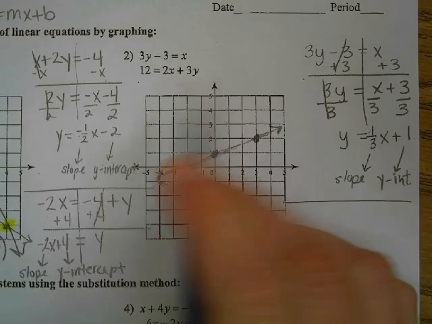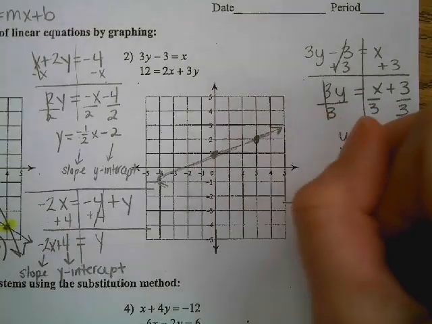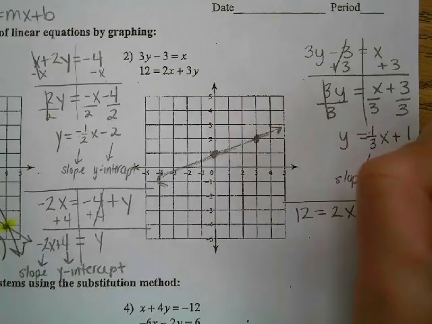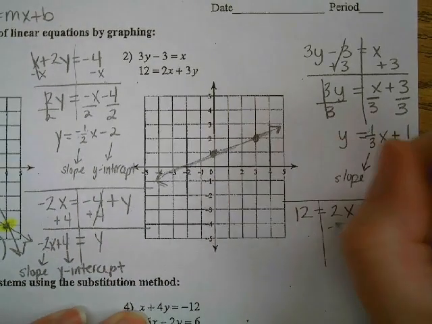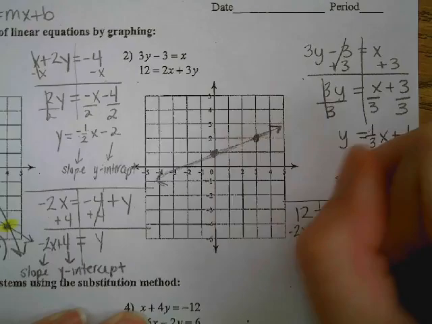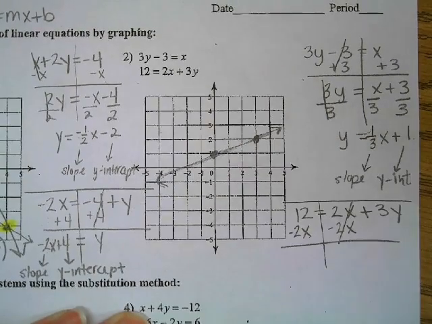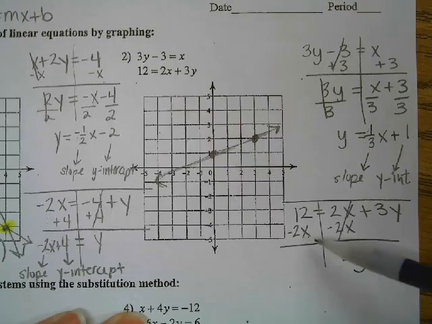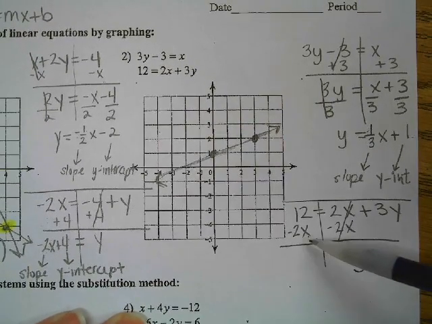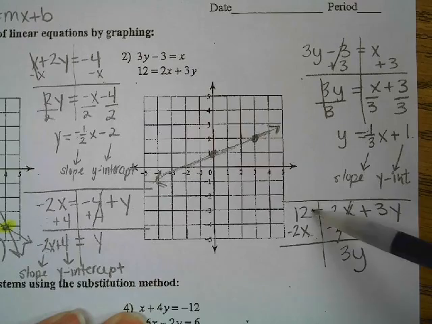Okay, then you're going to take your second equation, 12 equals 2x plus 3y. And the first thing you're going to do is subtract 2x from both sides. So on the right-hand side, I have 3y. And since I want this in slope-intercept form, I'm going to write this as negative 2x plus 12.